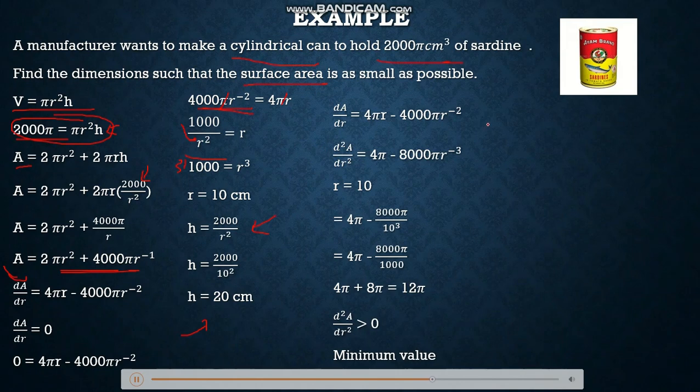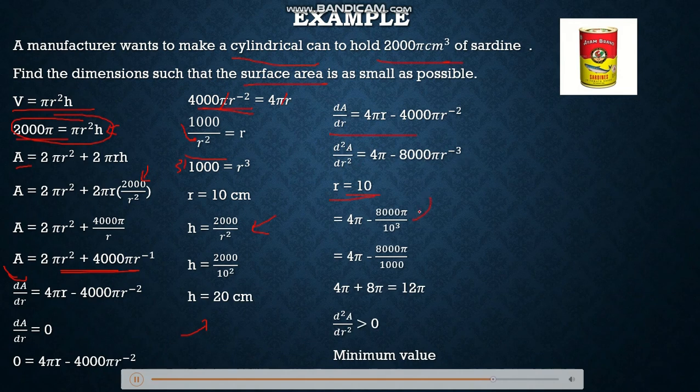Next, we need to differentiate the area again, dA over dr, to help us find out whether at r equal to 10 we have the maximum or minimum value. Hopefully we get the minimum value. So we further differentiate dA over dr, and d square A over dr square is equal to 4 pi minus 8000 pi r to the power of -3, and we already got the value of r.